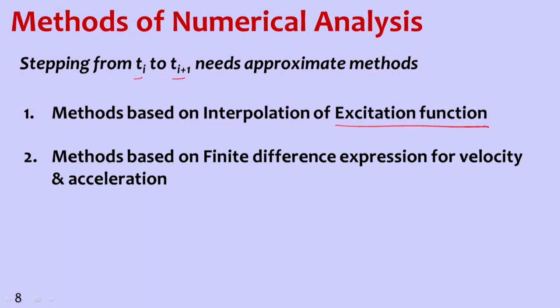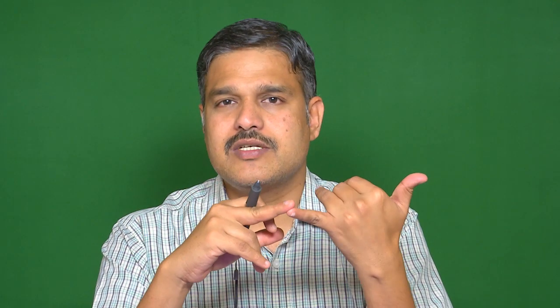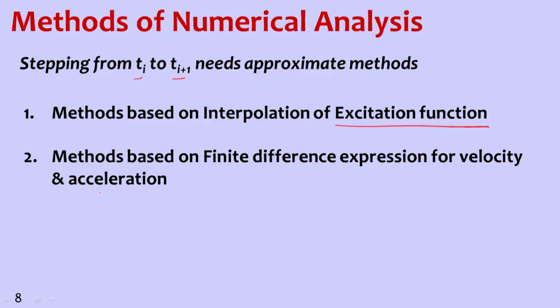The second one is methods based on finite differences of velocity and acceleration. We have displacement, which we are trying to find as the solution of the dynamic equilibrium equation, and the derived quantities are velocity as well as acceleration. So these are methods based on finite difference expressions for velocity and acceleration.